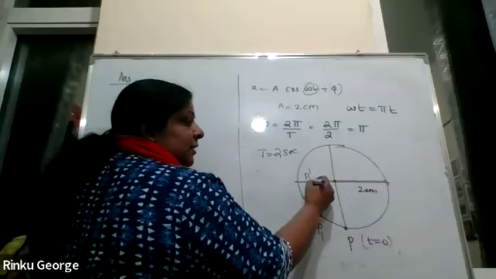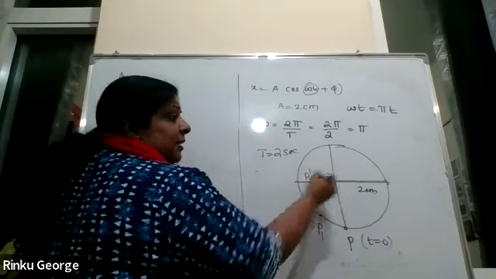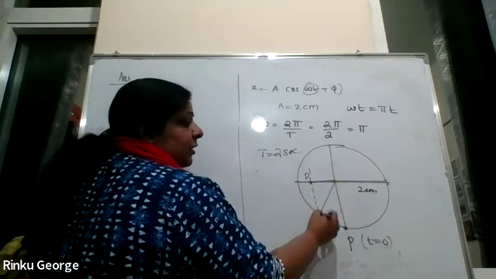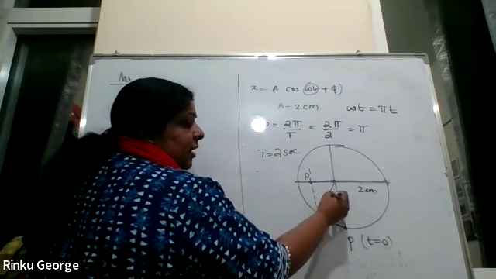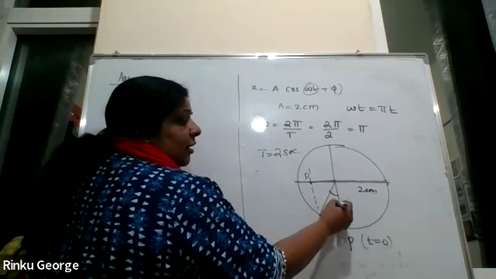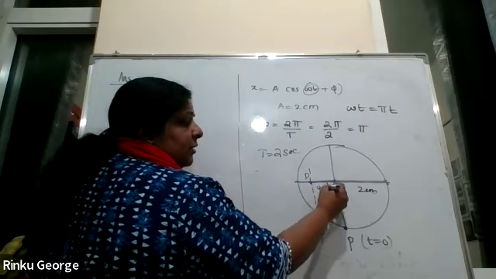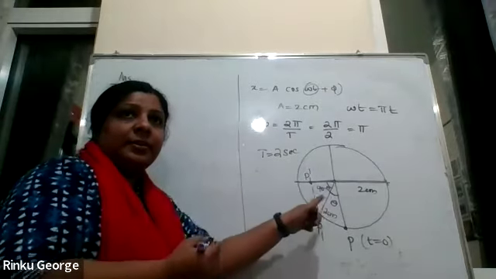Now this is the displacement, right? You need to find this displacement. This radius is 2 centimeter. This is the angular displacement theta. If this is theta, what will this be? 90 minus theta. You can see a right angle triangle here.